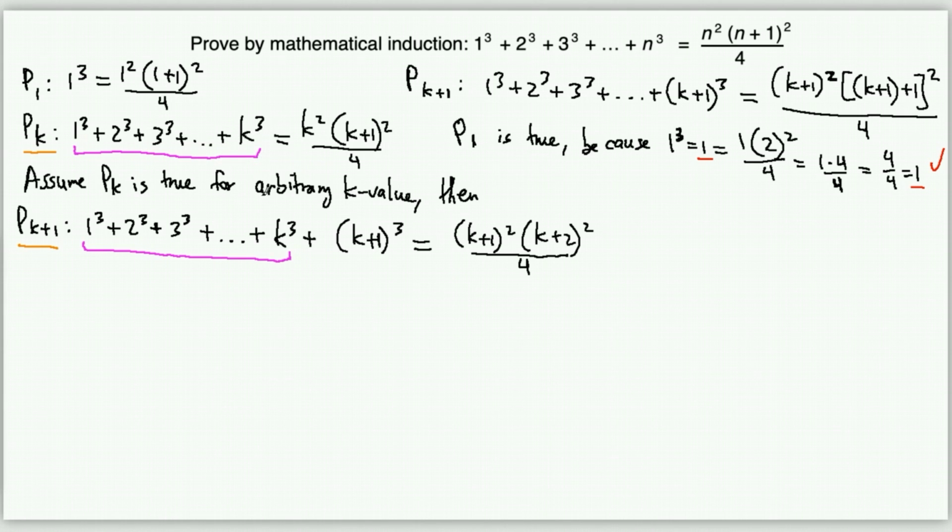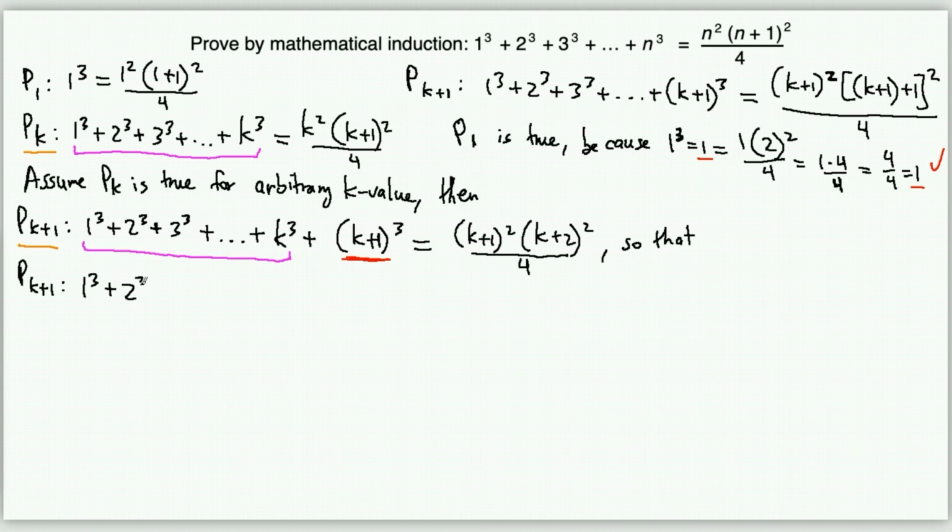So if we add this term to this left side, we have to do the same thing on the right side. Okay? So that will transform this statement supposedly into the Pk plus 1 statement, right? So as a result, we can write so that the Pk plus 1 statement is going to look like this.